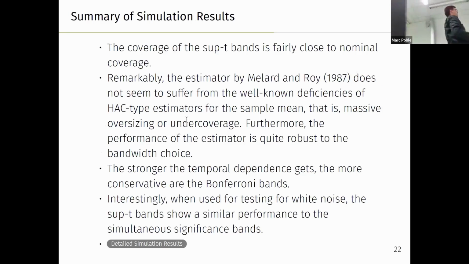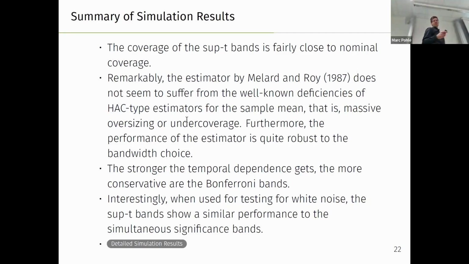Okay, here the simulations are much more interesting, because now we estimate the variance matrix and we use a HAC type estimator. And I guess it's well known that HAC type estimators don't work well. So that's not the fault of the HAC type estimator, I would say. A block time series bootstrap would have the same problem.